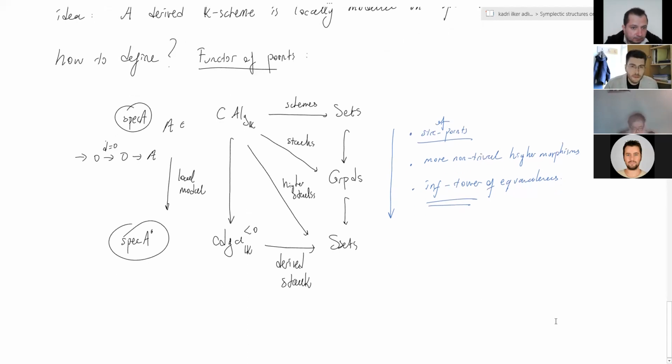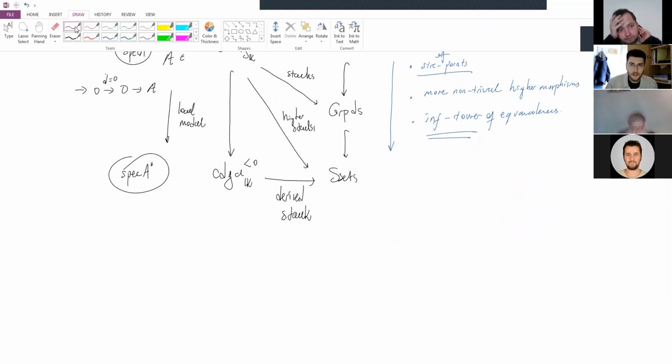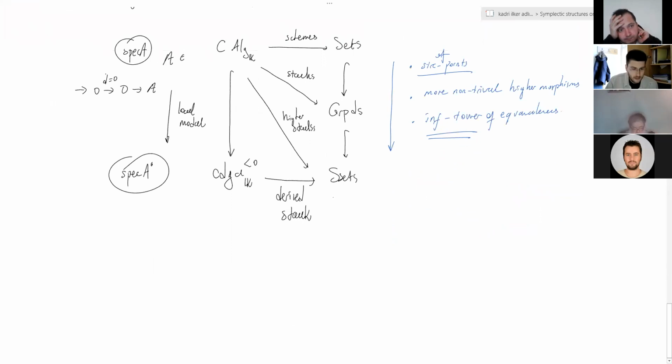Anyway, long story short, what is a derived stack? A derived stack is just a simplicial presheaf preserving weak equivalences, plus a local to global property.